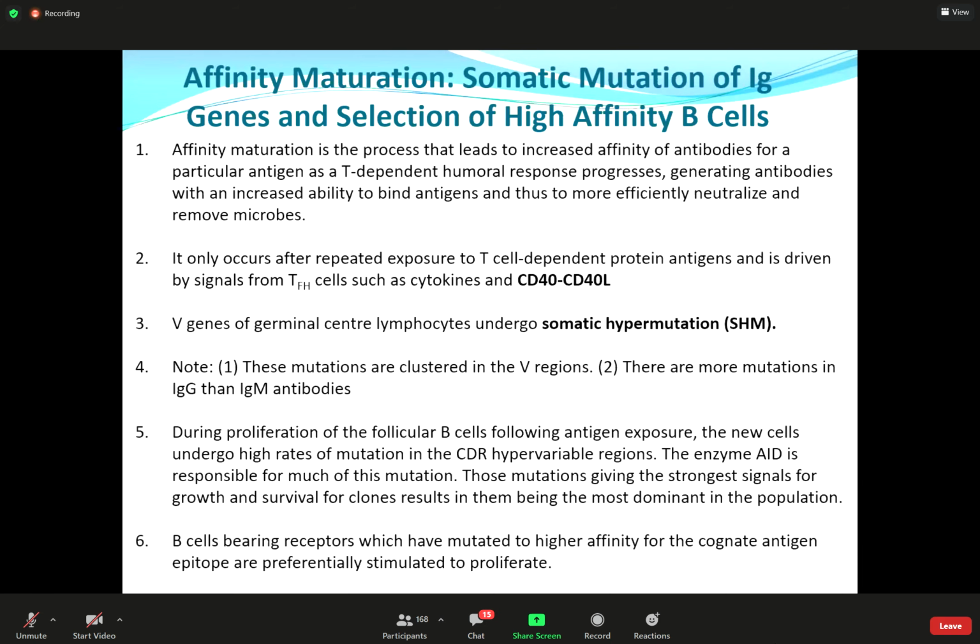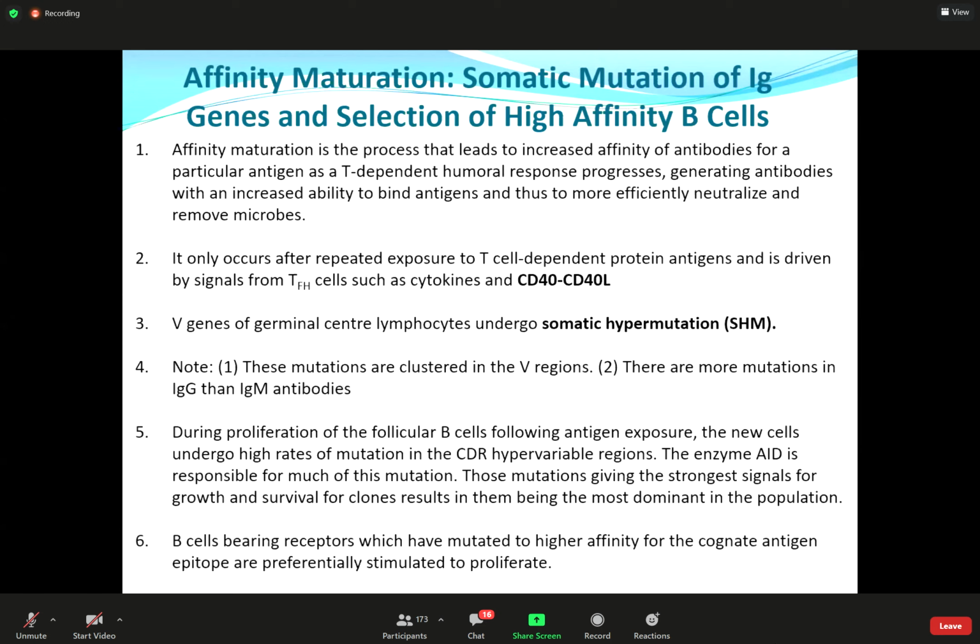Those B cells that produce, as a result of these mutations, a higher binding affinity for the antigen will deliver a stronger signal into those B cells to cause them to proliferate much more extensively than the other B cells, which are also specific for that antigen, but not with such high specificity.